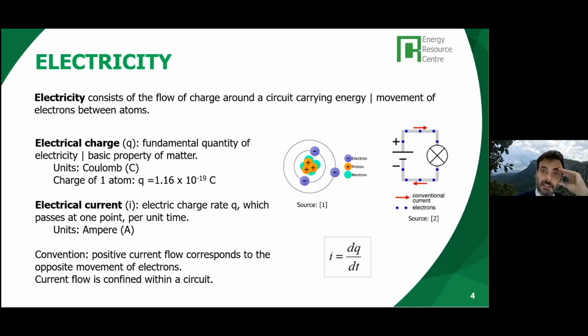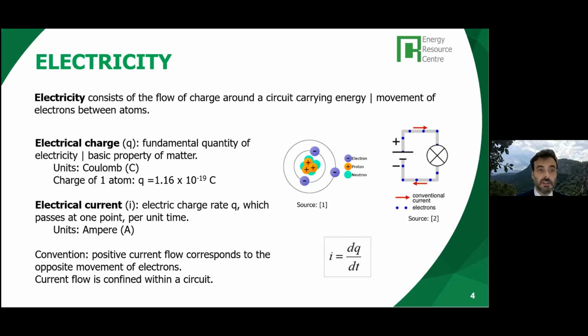This circuit is normally materialized in the shape of a conductor, a solid body we call a conductor, even though electricity can also be generated and flow through some other media. But normally it's solid elements that we call conductors.